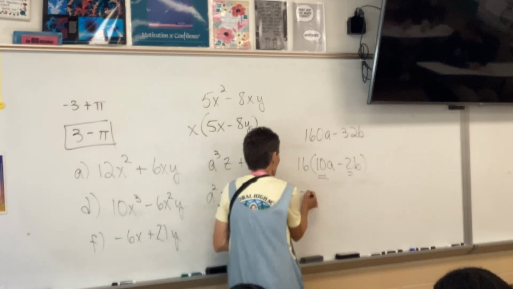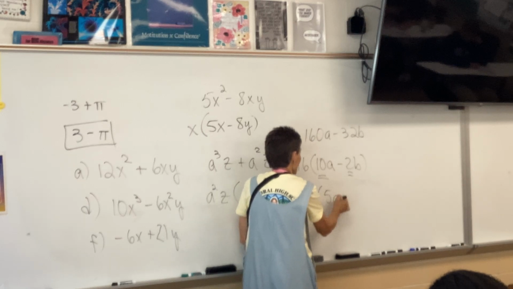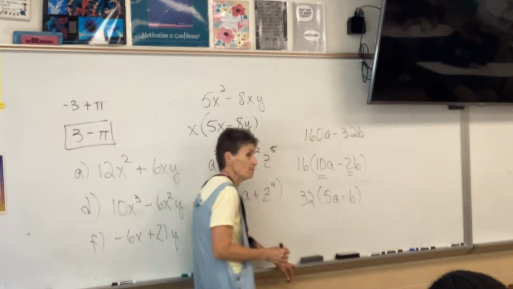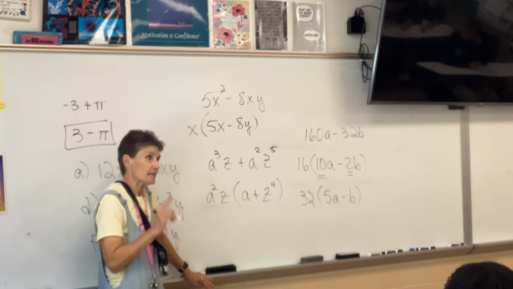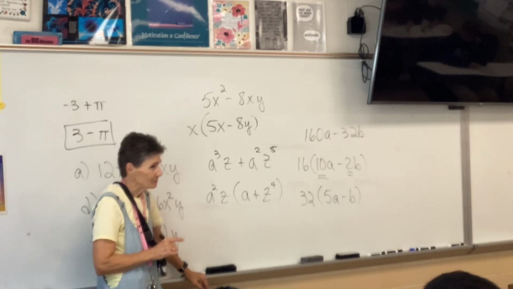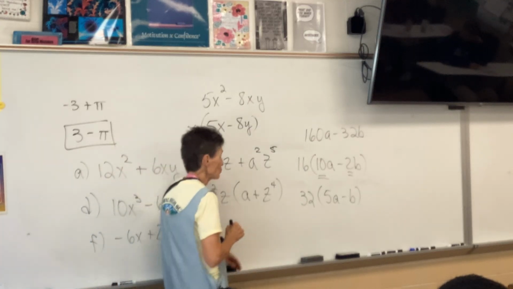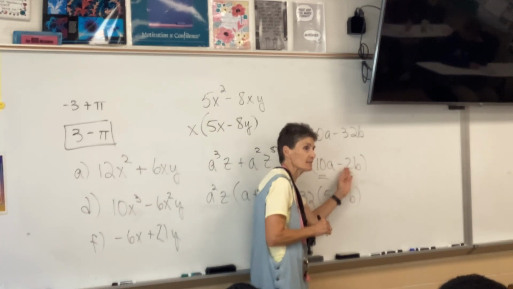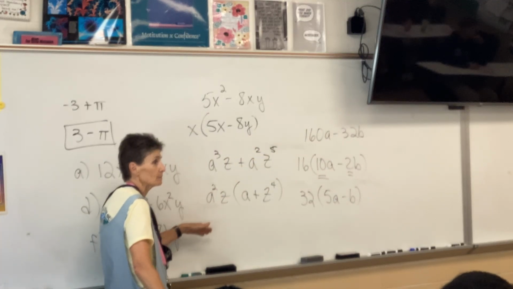And if I take out 32, then that's going to be 5A minus B. Again, not wrong, just not done. You gotta keep an eye on it and make sure that you've taken out everything that you possibly can, just like we did over here.